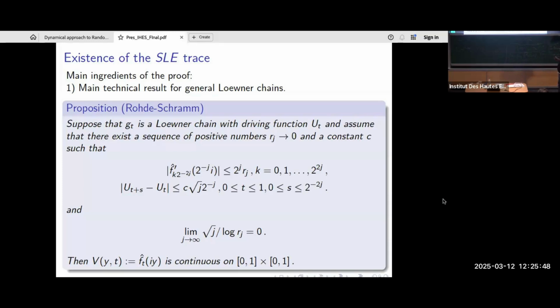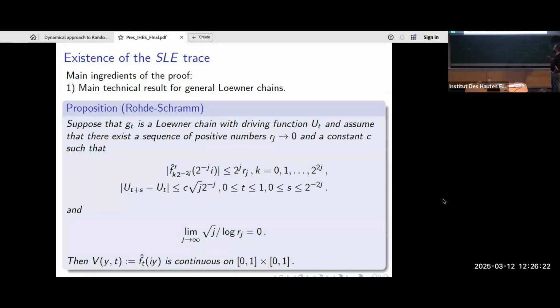So as I'm approaching the boundary with a dyadic scale, I need to say that the derivative of these inverse maps is well behaved in this sense. If this is satisfied, with this type of correction, then with these two combined, I can show that this limit exists and is continuous in time, almost surely.